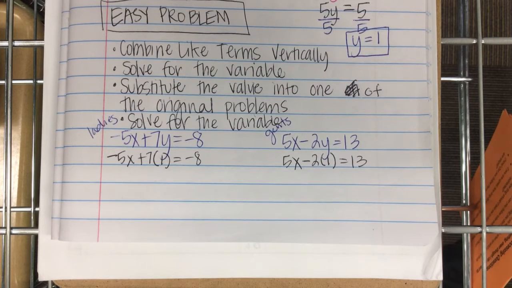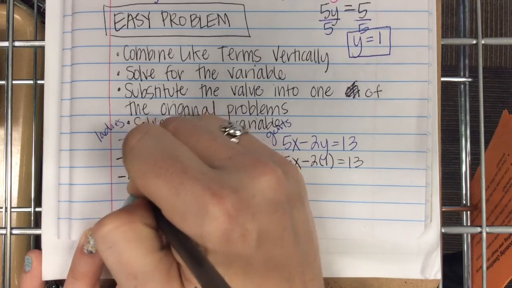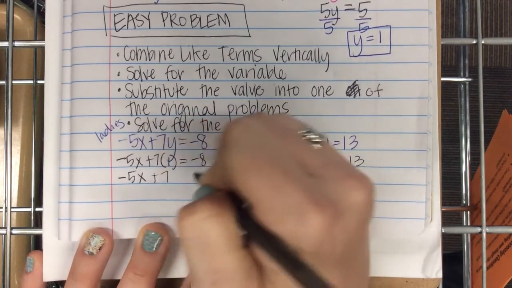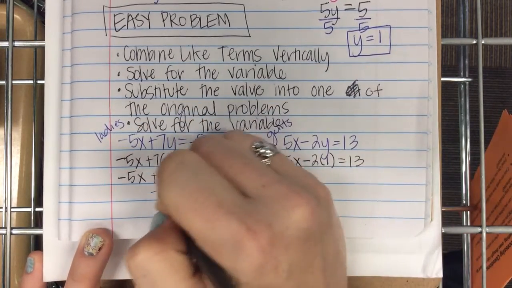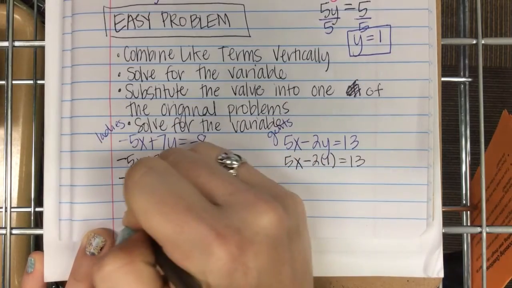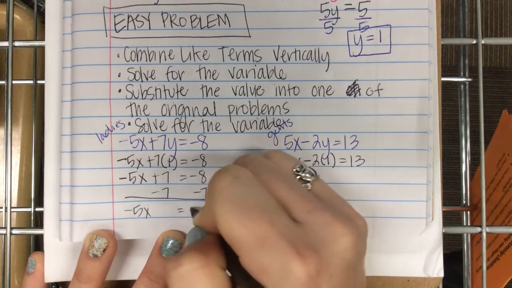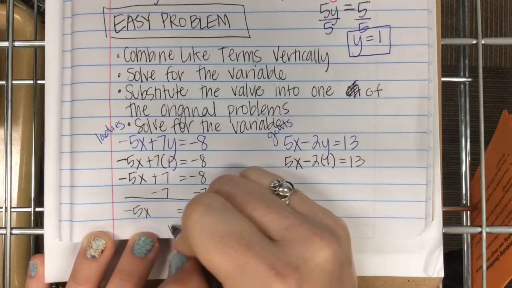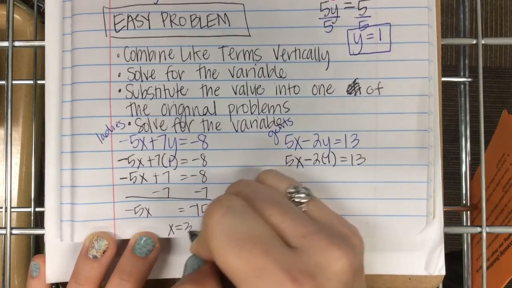So after you substitute that value you found into one of the original problems, you solve for the variable now. So my ladies are going to get negative 5x plus 7 equals negative 8, minus 7, negative 5x equals negative 15, so x equals 3.